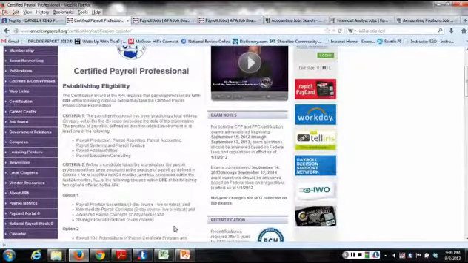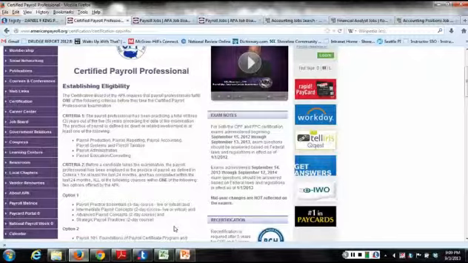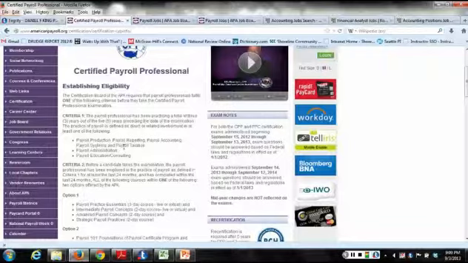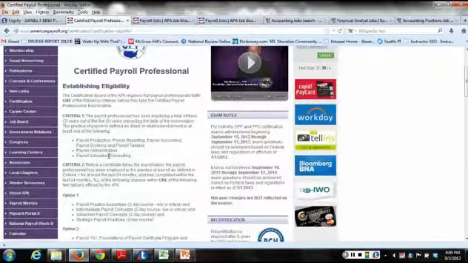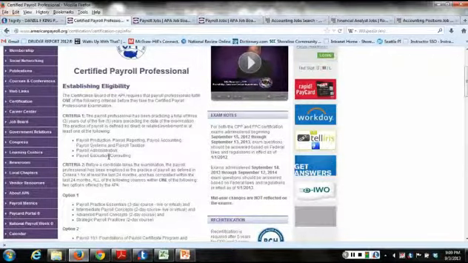The first one here says if out of the past 5 years you've been a practicing payroll professional in these areas, right here, that would be a qualifier for you to be considered to take the examination. The examination is stringent and lengthy, but to be able to sit for it, you have to have some evidence that you have preparation, understanding, a basis for taking the exam, in addition to the direct education that you need to go through to take the exam.